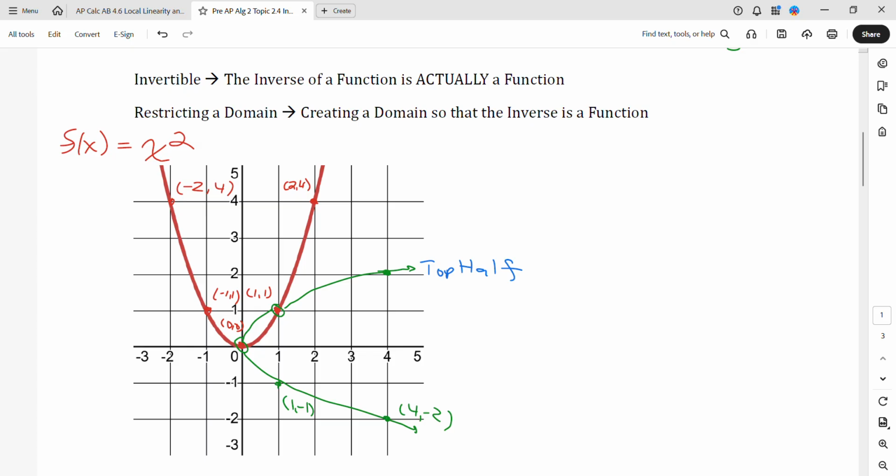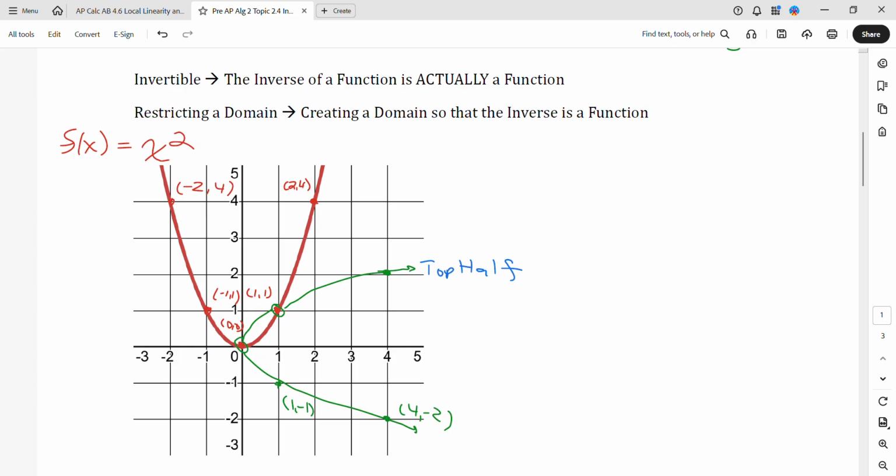Now let's think about the top half of this function. Does the top half correspond to the left side of the red graph or the right side? The right side.